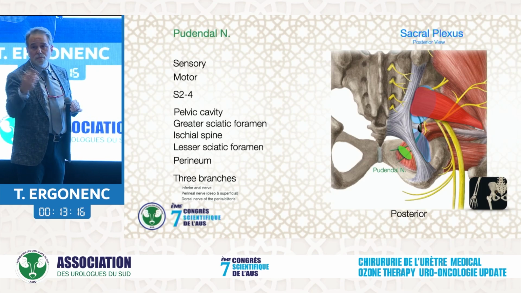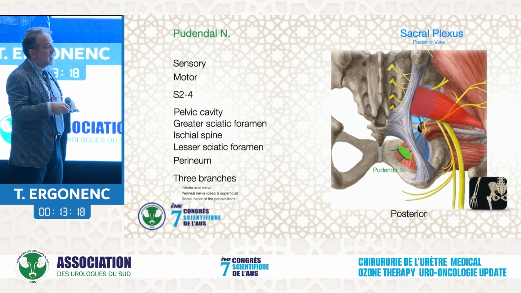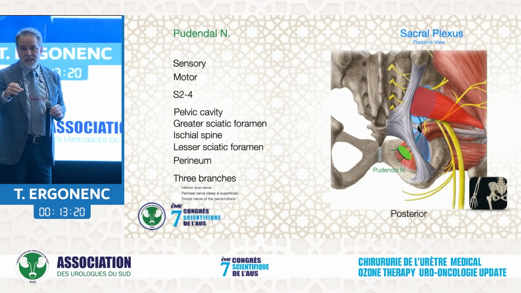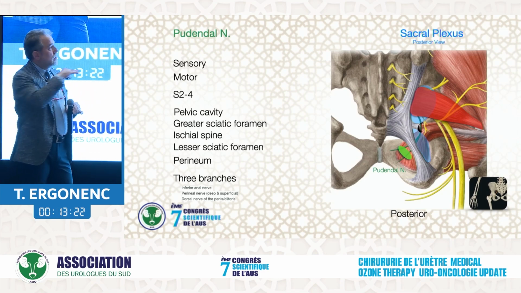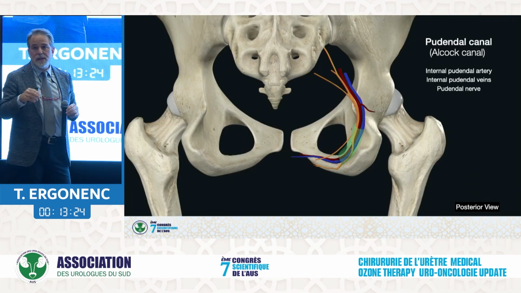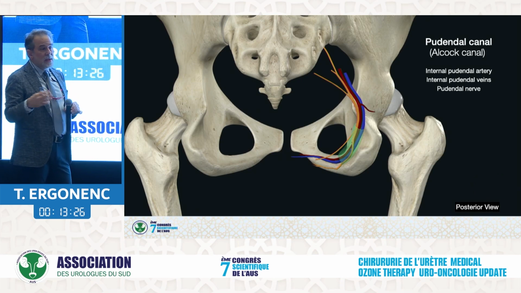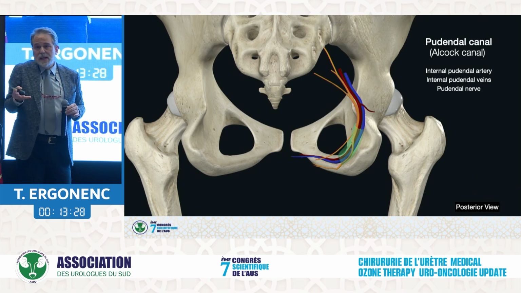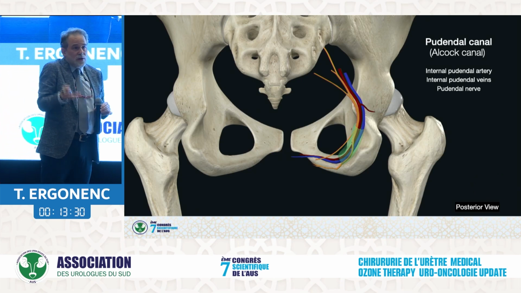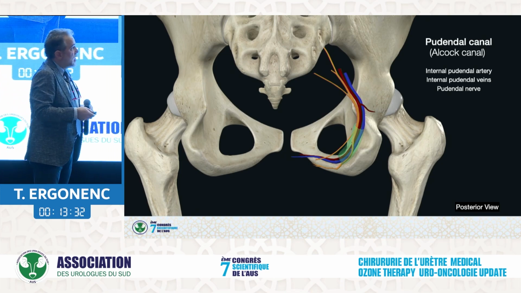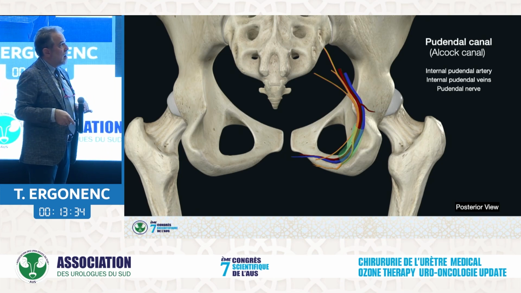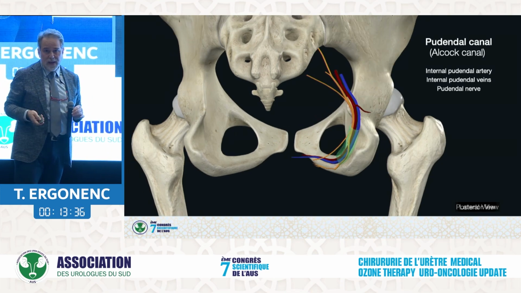She has three branches, but the main entrapment area is between the sacrotuberous and the sacrospinous ligament. And as you know, the pudendal canal is a very important anatomic structure for the pudendal nerve. She is accompanied by the internal pudendal artery and the internal pudendal vein.